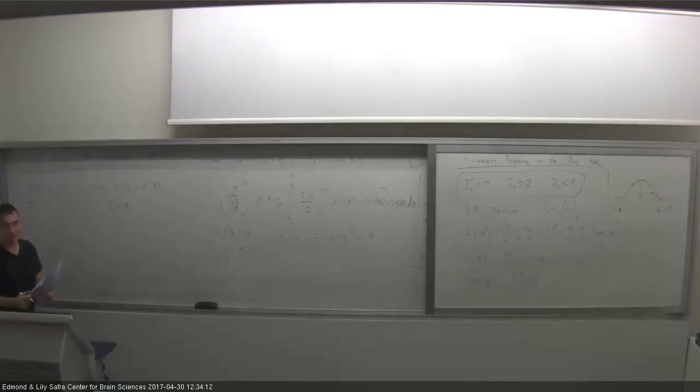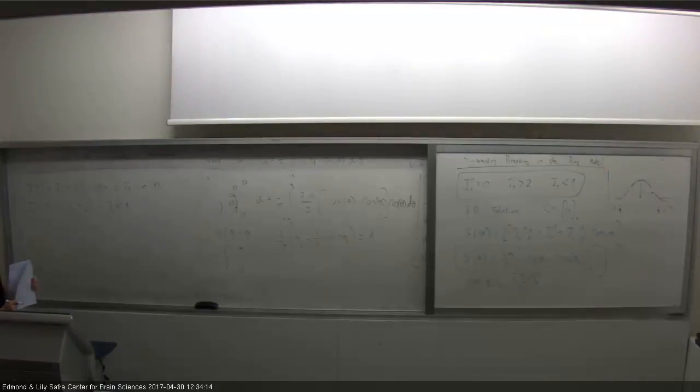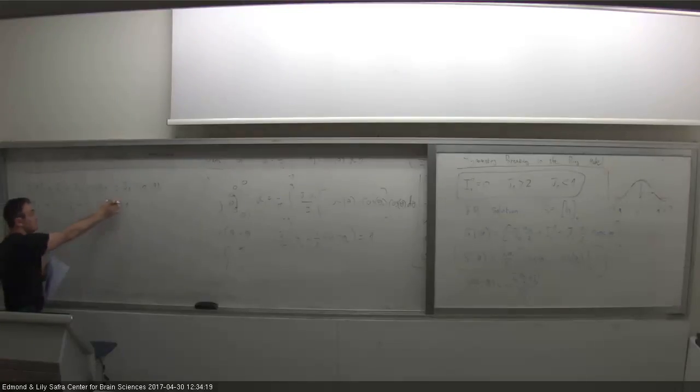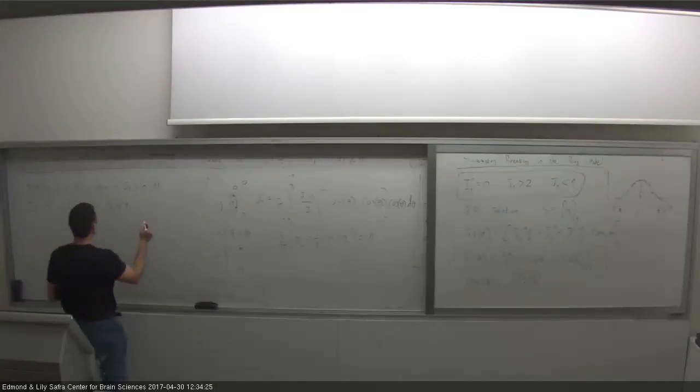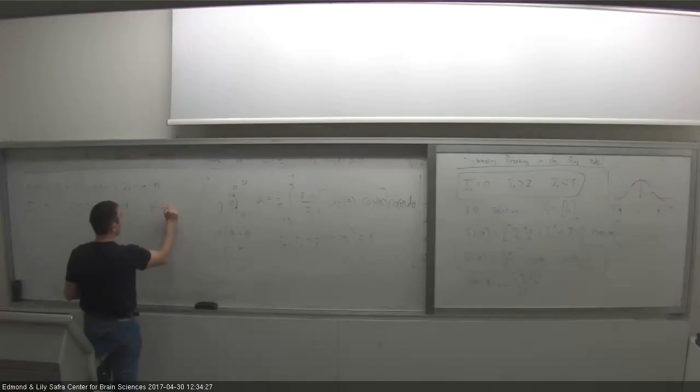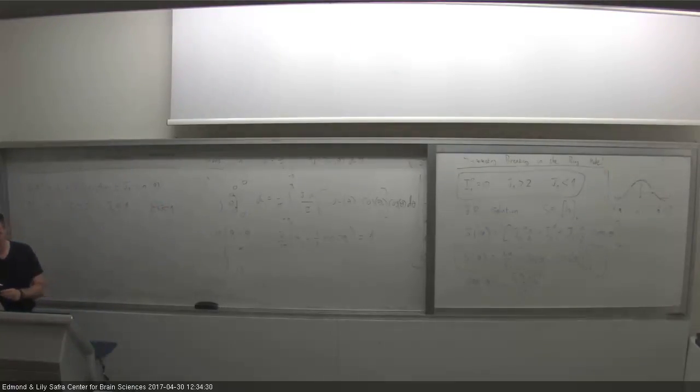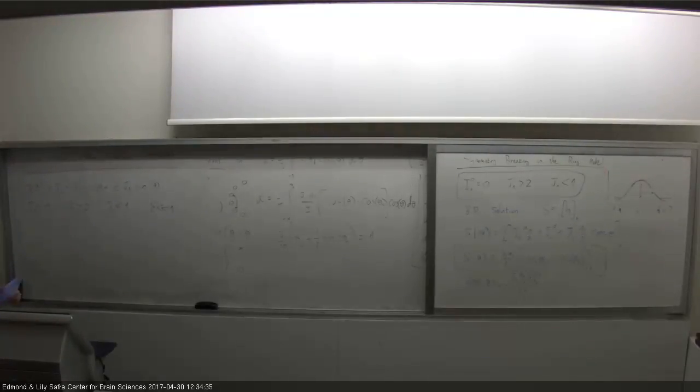This is the regime in which we have a bump solution. Actually, we will assume that in the absence of epsilon there is a bump solution. And we will assume that this term is relatively small. Okay? What is this term again? This is the asymmetry that we add to the connectivity. We will assume that it's small.